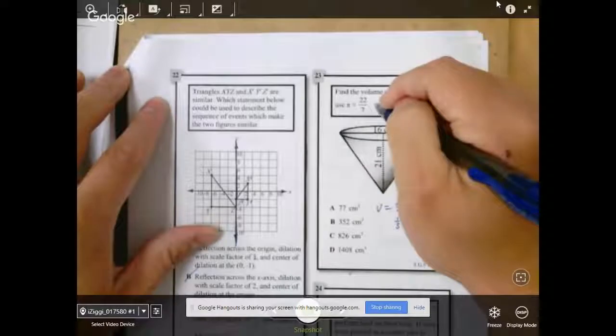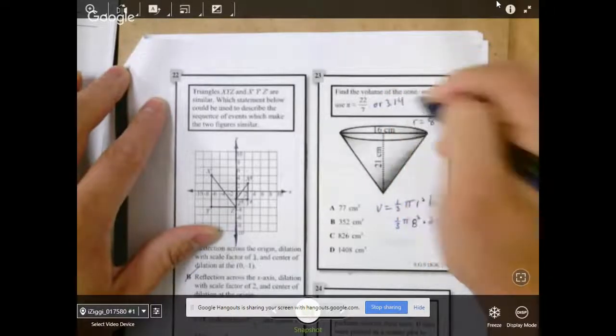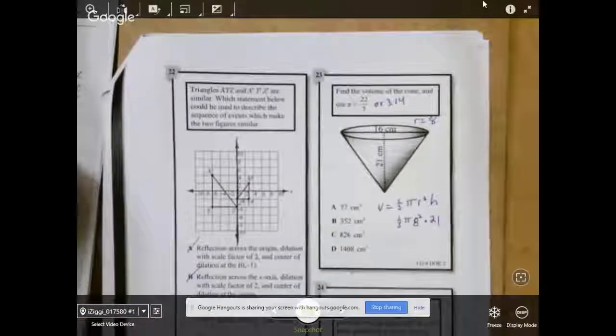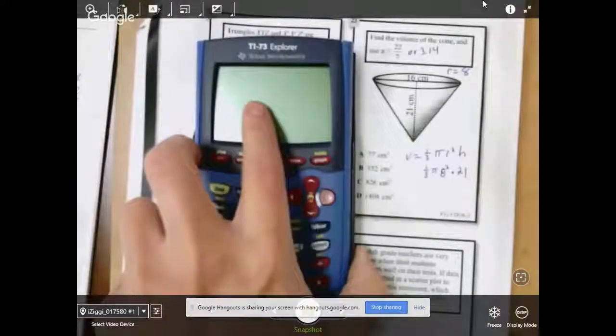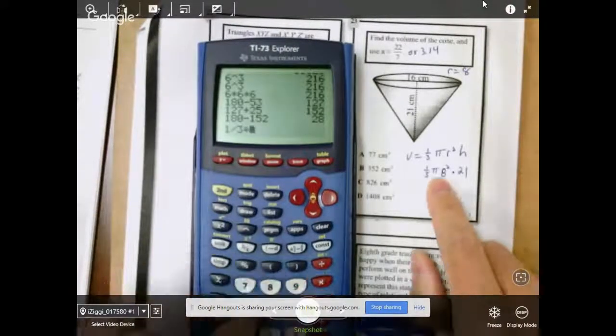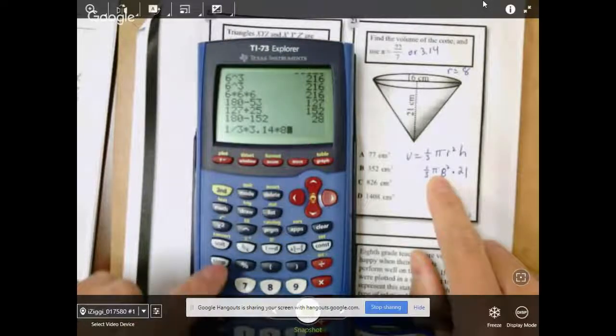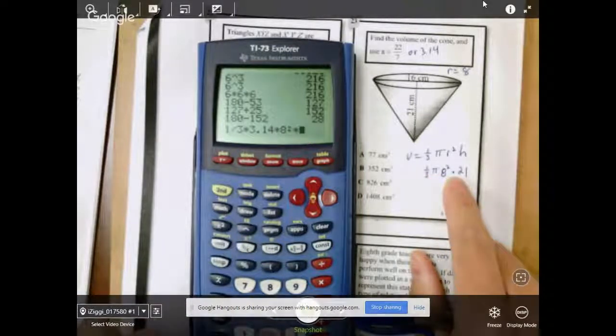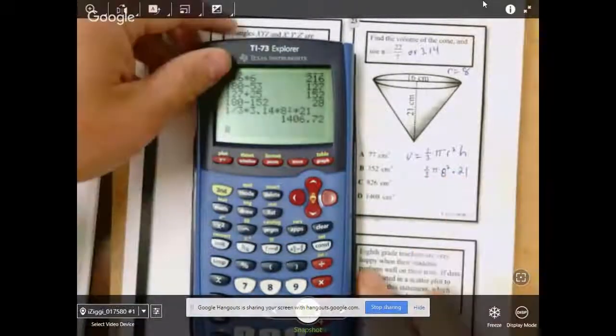I think most of you are more familiar with 3.14. So you're going to hit 1 divided by 3 times 3.14, times 8 squared, times 21. And you get 1,406. The closest thing to that is 1,408, so it's D.